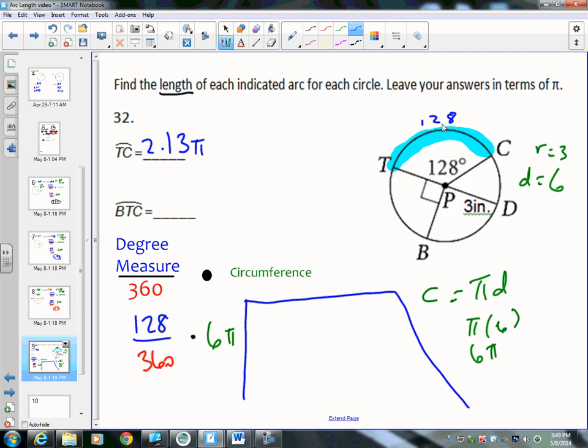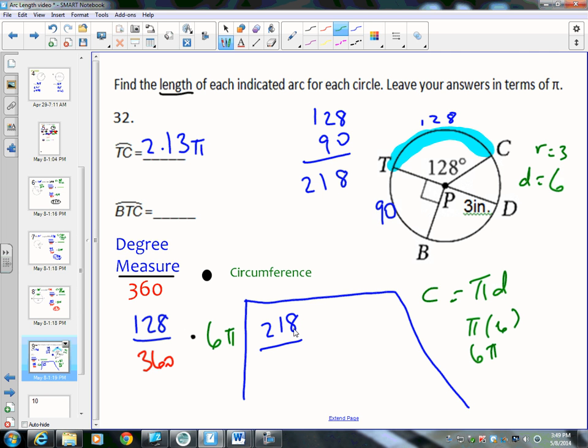We know what TC is, it's 128, but what is arc BT? Well, if you look at the central angle, it's a 90-degree angle, meaning that the arc is also 90 degrees. So we want these two combined, B to T to C. So 128 plus 90, and we get 218. So our degree measure is 218.